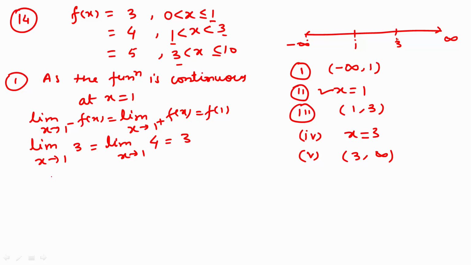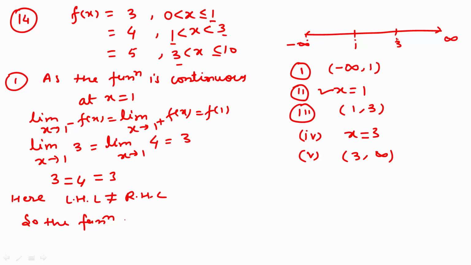On taking limit, 3 is not equal to 4, so the left hand limit is not equal to the right hand limit, so the function is not continuous at x is equal to 1.